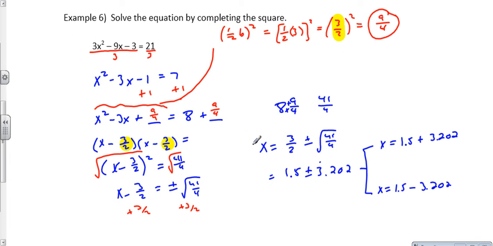And it gives us two possible answers, so 1.5 plus 3.202, which is 4.702, and 1.5 minus 3.202 is negative 1.702. And there's our two answers.